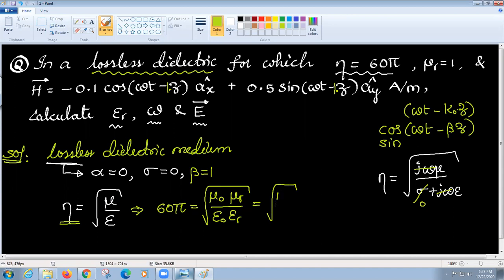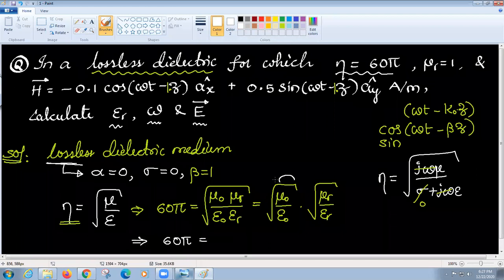This is nothing but square root of mu naught over epsilon naught times square root of mu r over epsilon r. Now on the left hand side you have 60 pi. This quantity we know very well: it is 120 pi, or approximately 377 ohms.